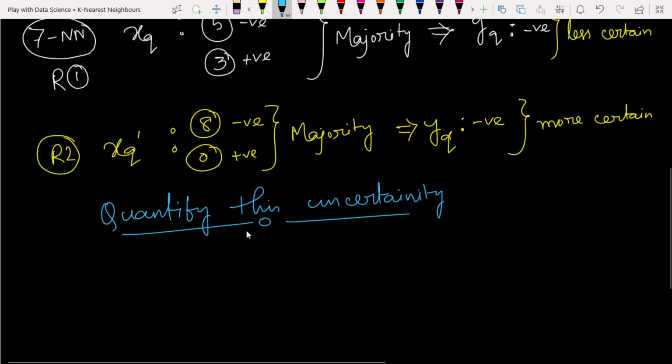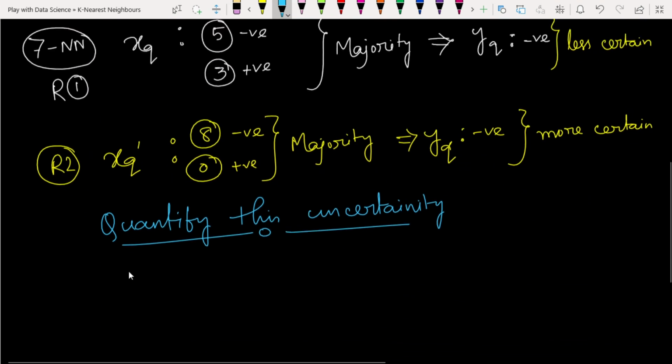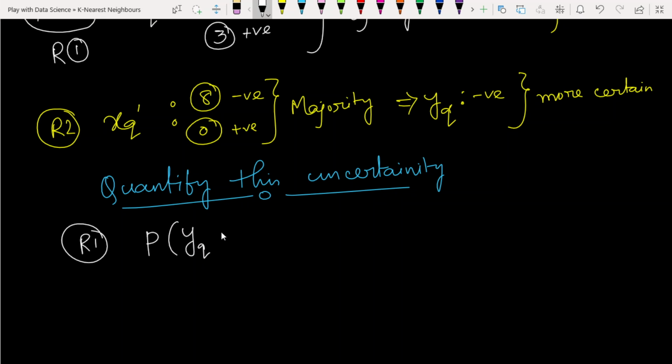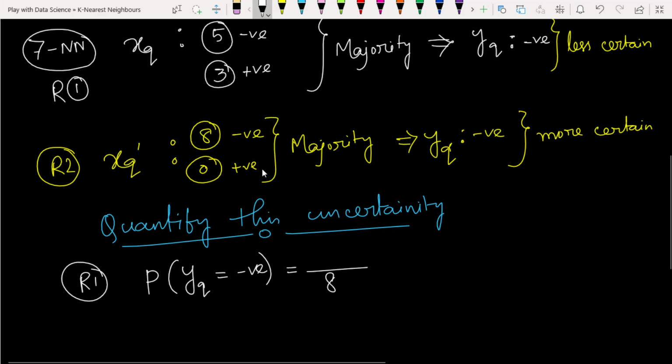Suppose you consider the region 1 case, where I am using the white color for region 1. If you count the probability of the output label, it will be the probability of the negative class. We have a total of 8 points, and in these 8 points we have 5 negative points.